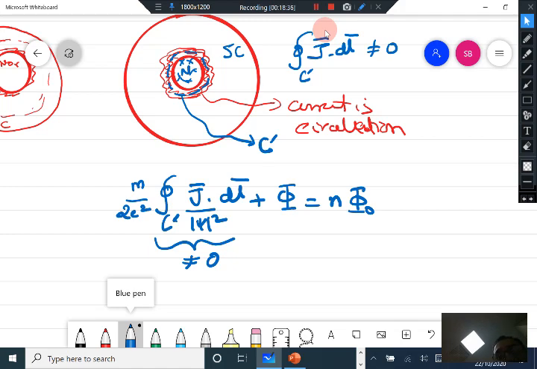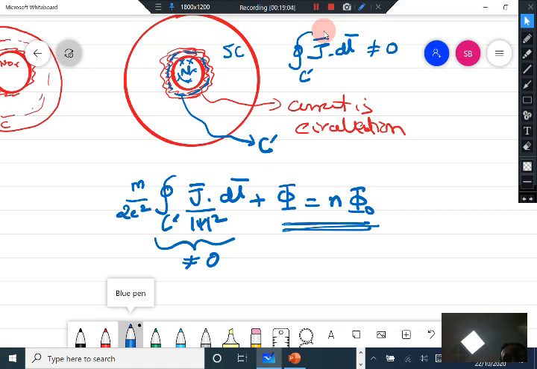Because we are talking only of the flux around a vortex, we take a contour such that you get only the contribution of the magnetic flux, and that gives you phi equal to n times phi naught. That is why we choose a large contour. If you want the contribution of currents also, then you have to take a contour very close to this and work it out. You can work it out, but this is not very popular.